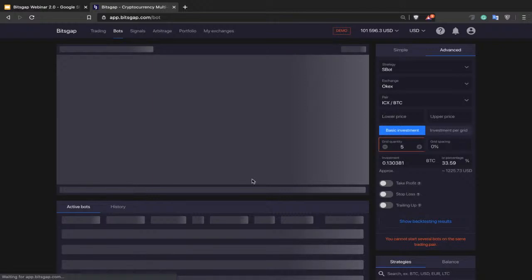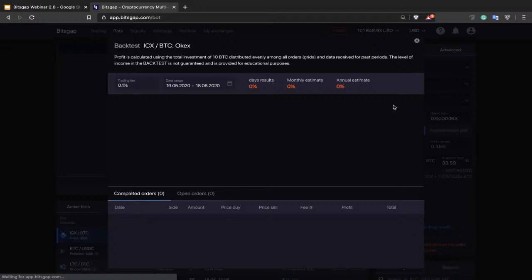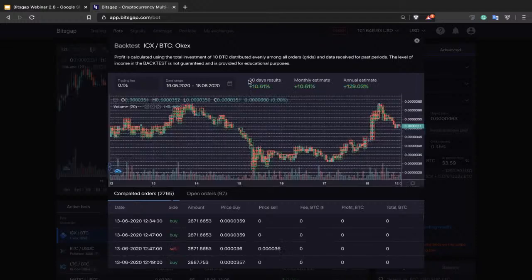Anyway, here we go, and we click on the show backtesting results. In this case it's icon trading to BTC, and automatically it defines a monthly period, so from the 19th of May up to today's day, so that's 18th of June, and during that period, for a period of only 30 days, it has managed to generate 10.61%.